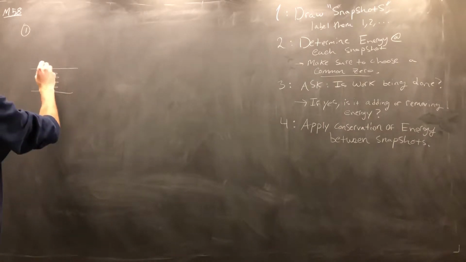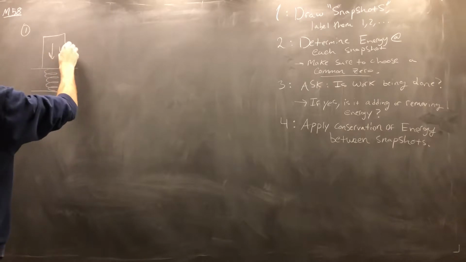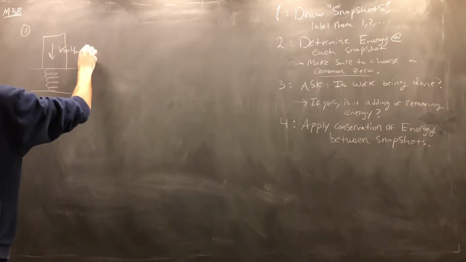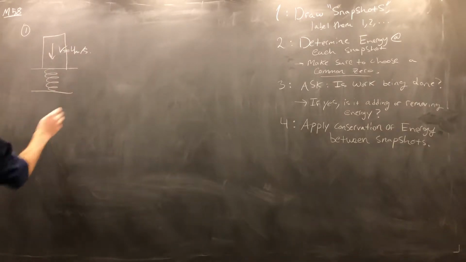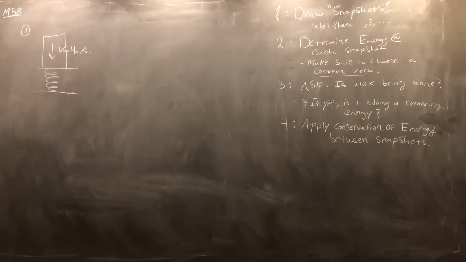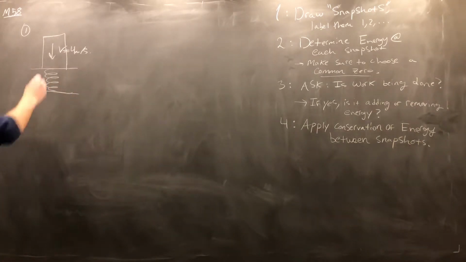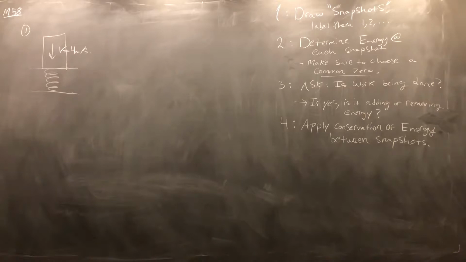The elevator is tumbling down at some velocity v, which happens to be 4 meters per second. The spring is at its equilibrium length, not compressed. So we'll let that be our first snapshot.